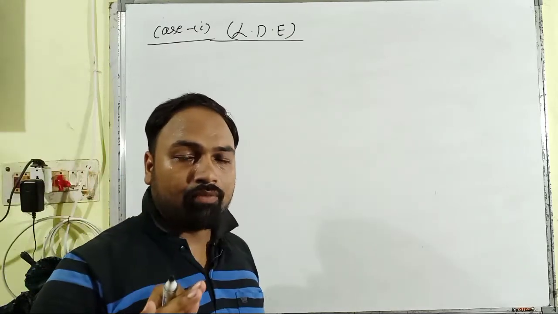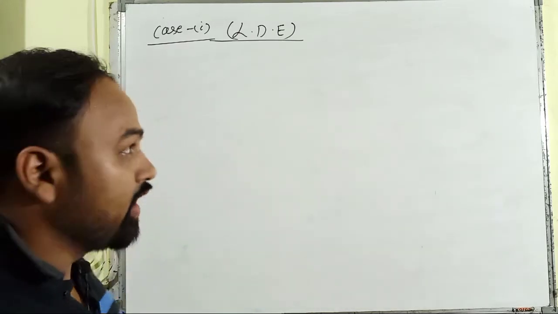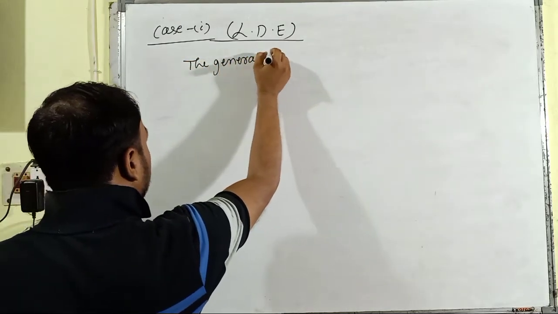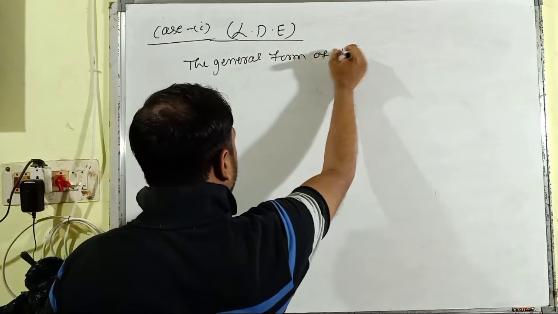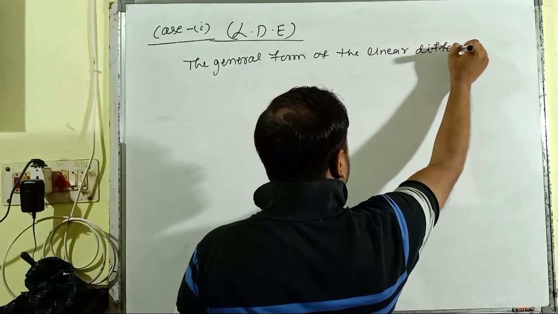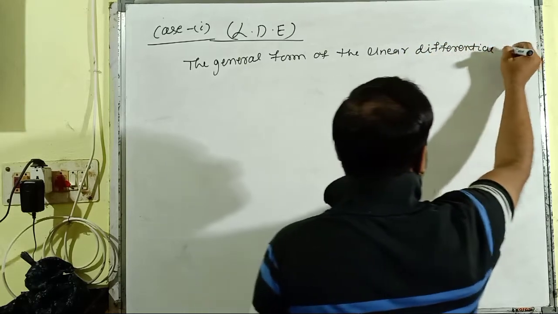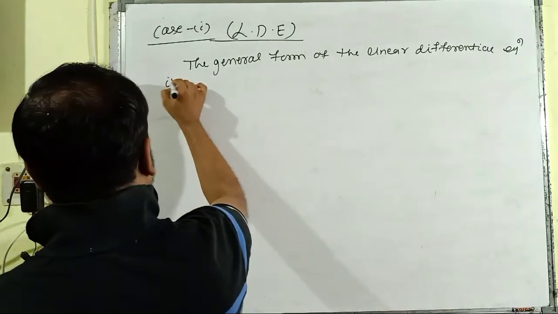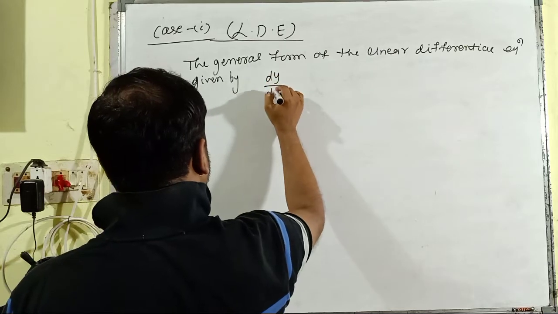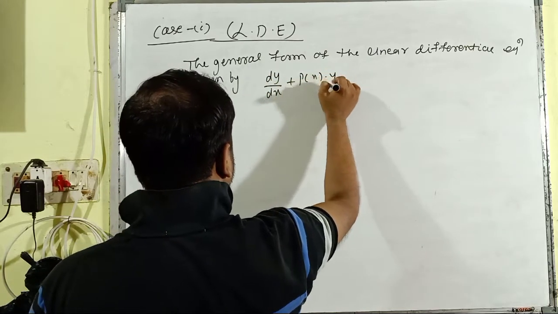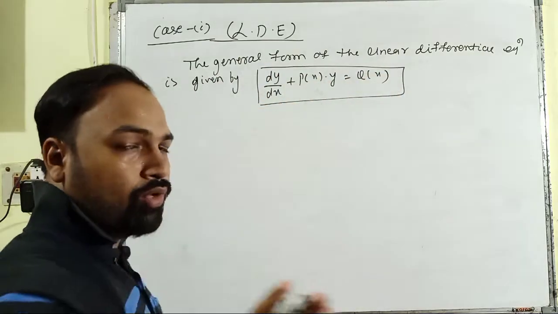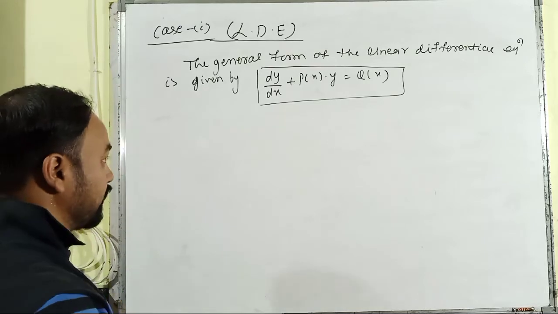Here is case number 1, or form number 1, of the linear differential equation. The general form is given by dy upon dx plus p of x into y is equal to q of x, where the dependent variable is y and the independent variable is x.